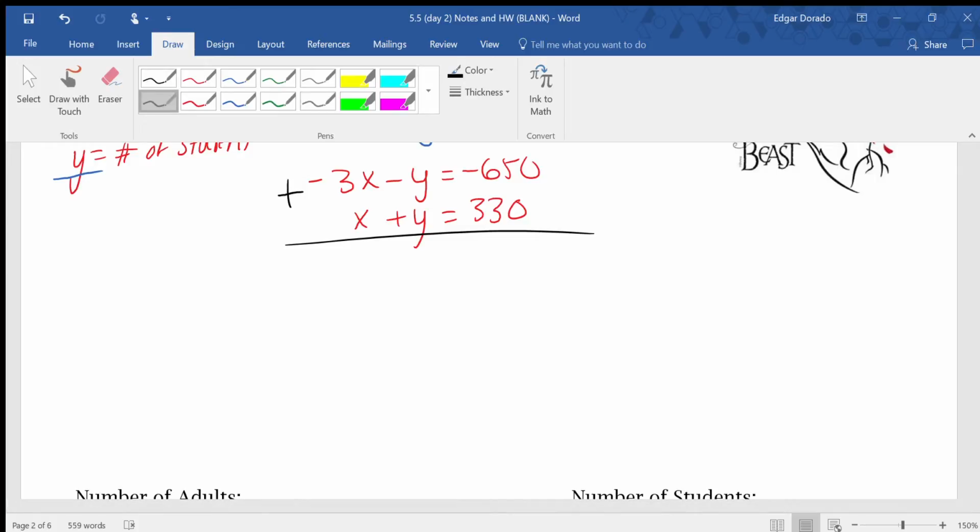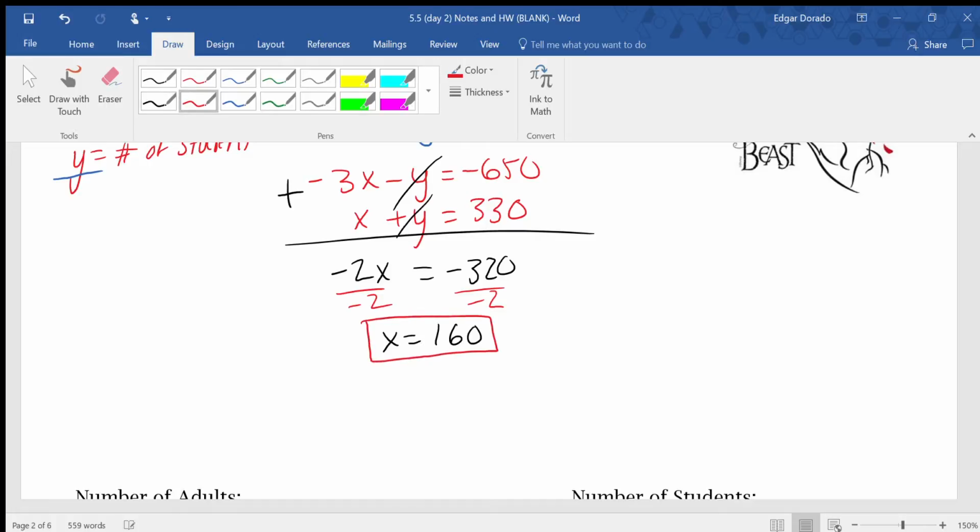Okay, so what do I get? Well, -3x plus 1x would be a -2x. These y's now cancel, and then I would get a -320. Final step here, divide by -2. A negative divided by a negative is a positive, so that is a positive 160.